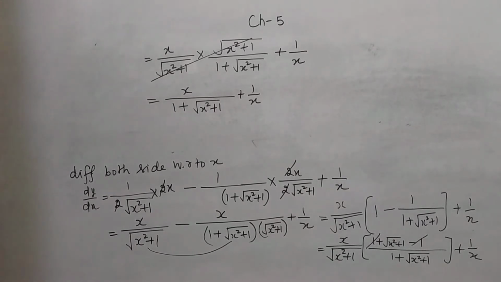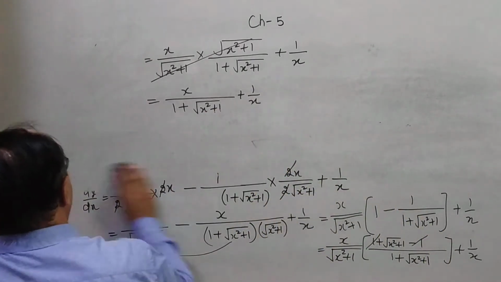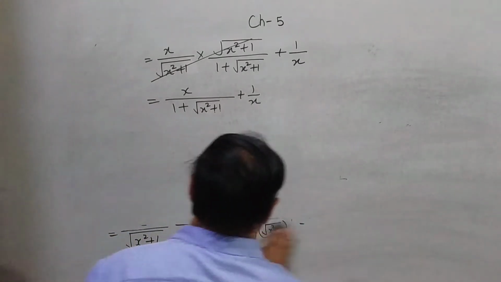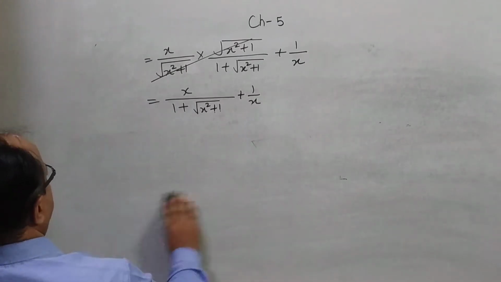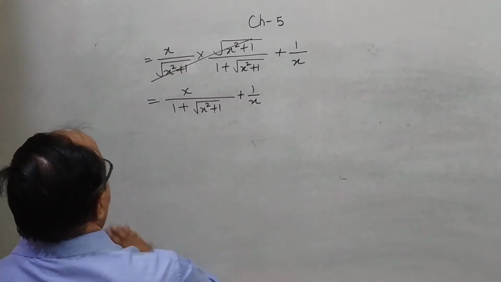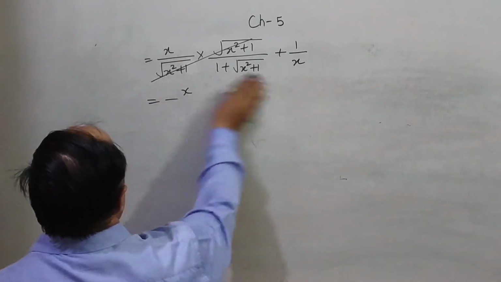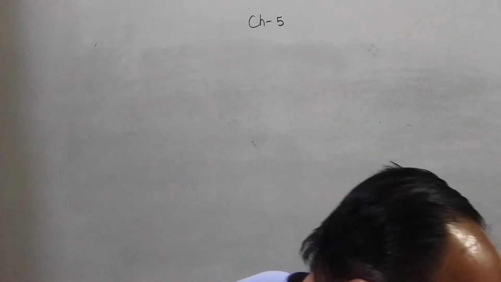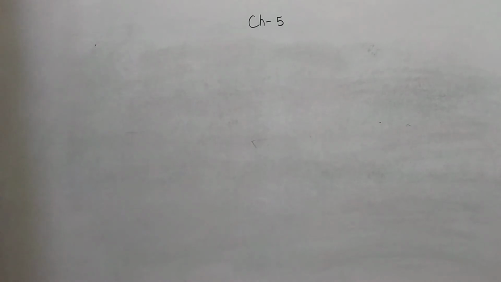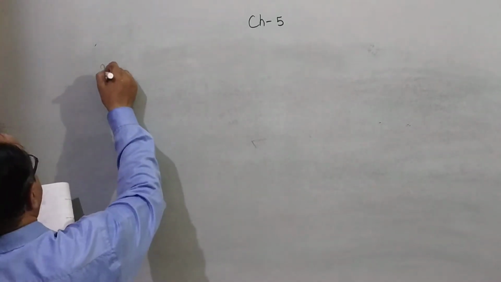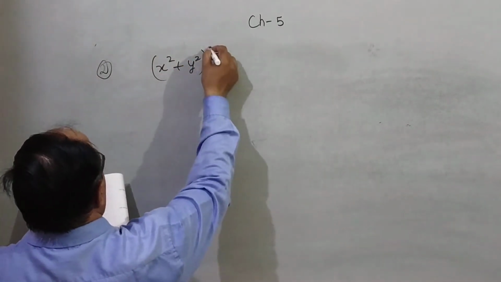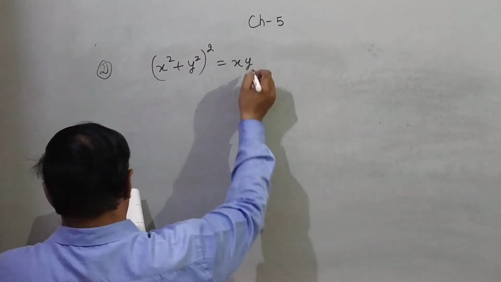Next question, we start. Second question: x square plus y square, whole square, is equal to xy.